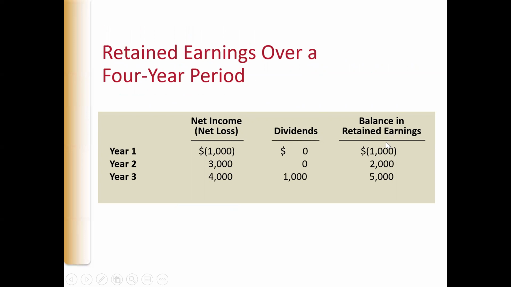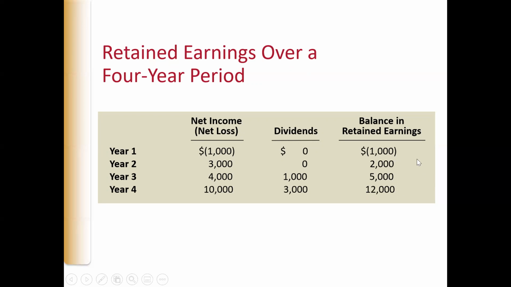In year 3, if there's a $4,000 income and we pay out $1,000 in dividends, that nets $3,000 in year 3. That $3,000 net positive plus the $2,000 in retained earnings gives us a $5,000 ending retained earnings balance.